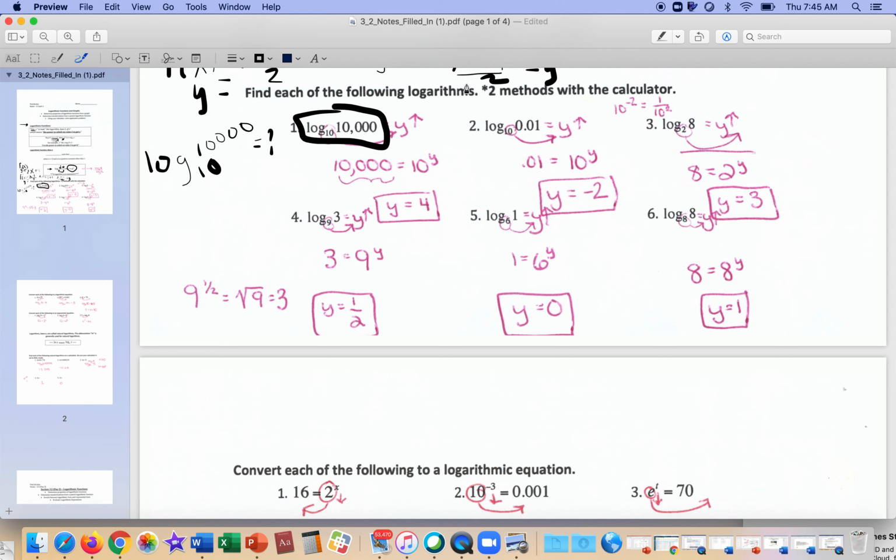Just like we saw above, you can turn it to exponential form: 10,000 equals 10 raised to what power? The question mark is your answer when you're evaluating.